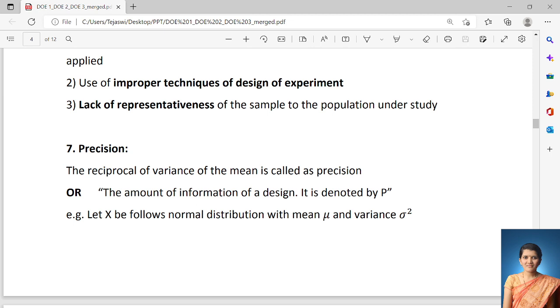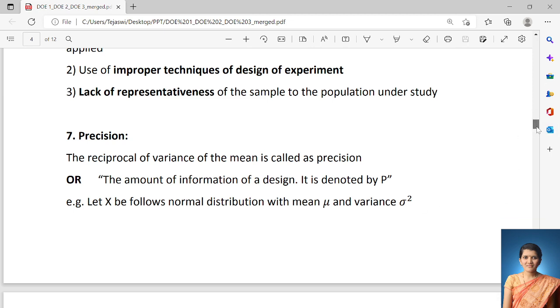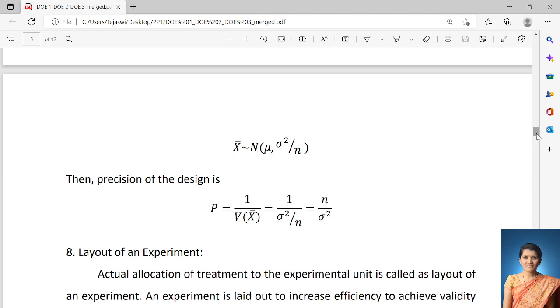It is denoted by p. Let x be normally distributed with mean mu and variance sigma square. Then x bar follows mu comma sigma square by n, and the precision of the design is defined as the reciprocal of the variance of the mean.